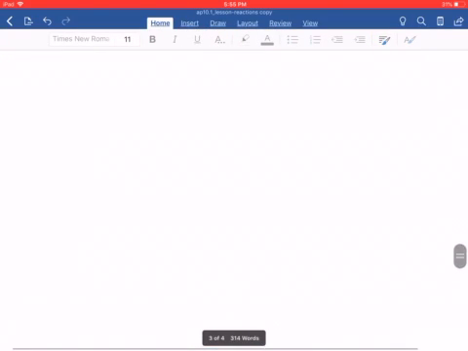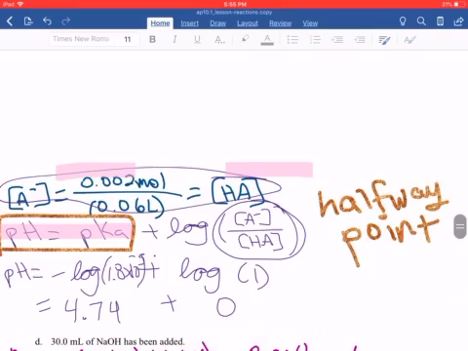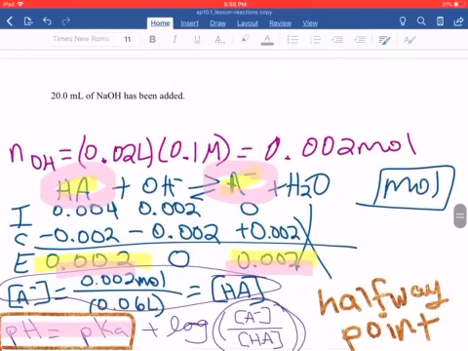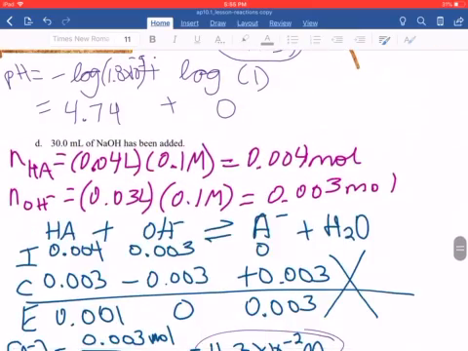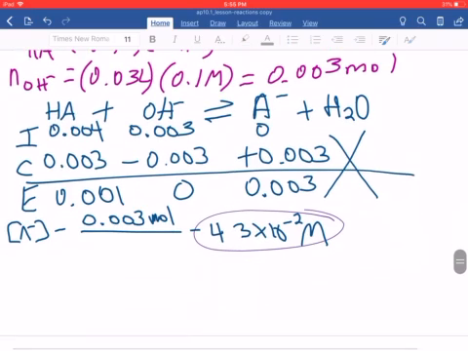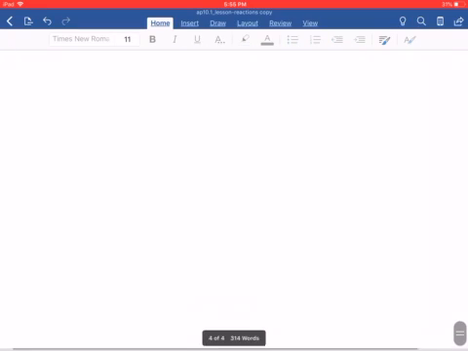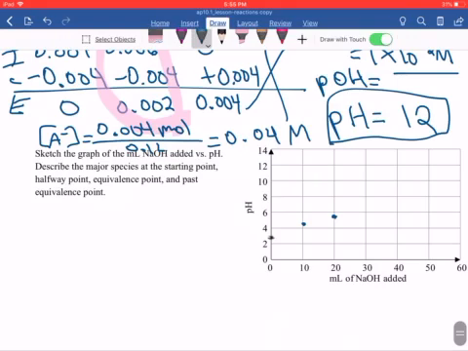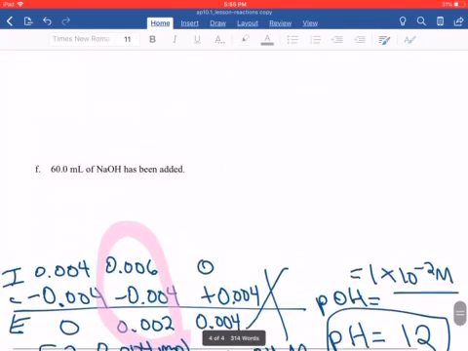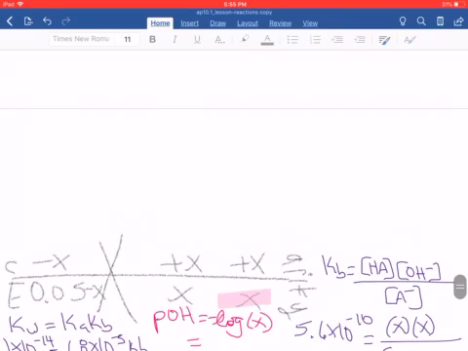All right, for our next one, D. I'll scroll down. So 30 milliliters had been added, and our pH was 5.22. So way up here. My scaling's a little off, but it's really hard to draw on an iPad with a finger.